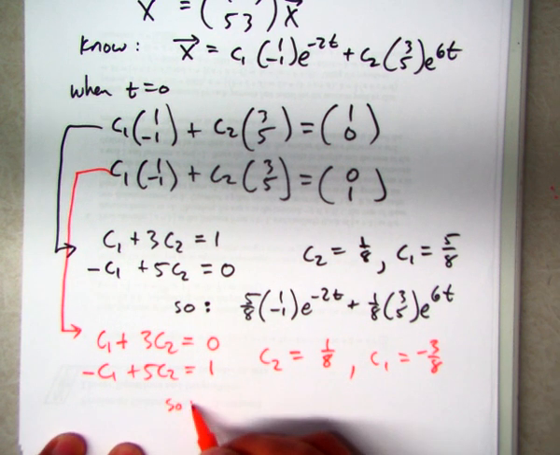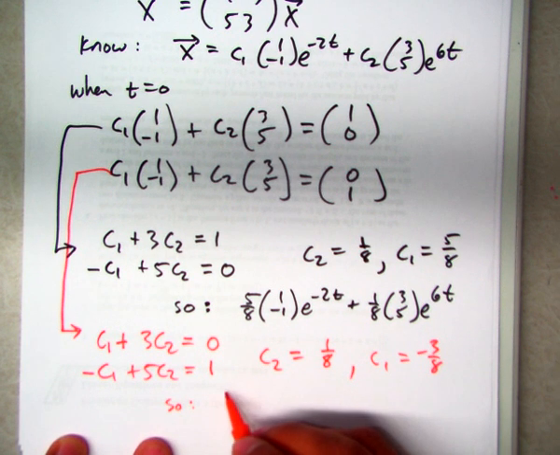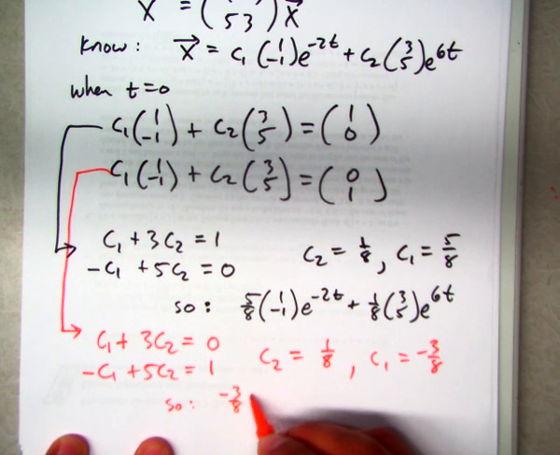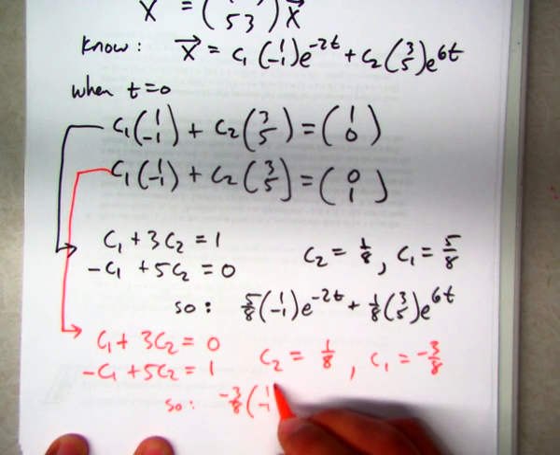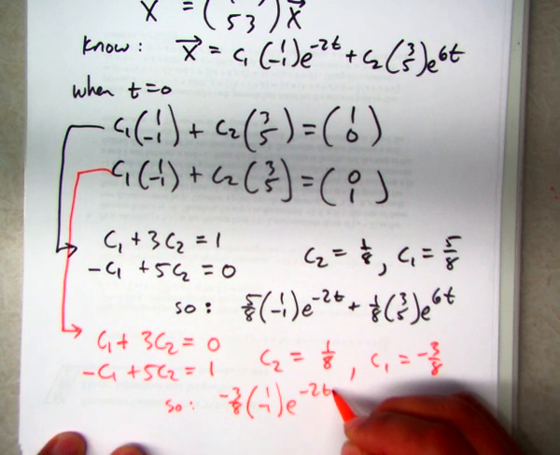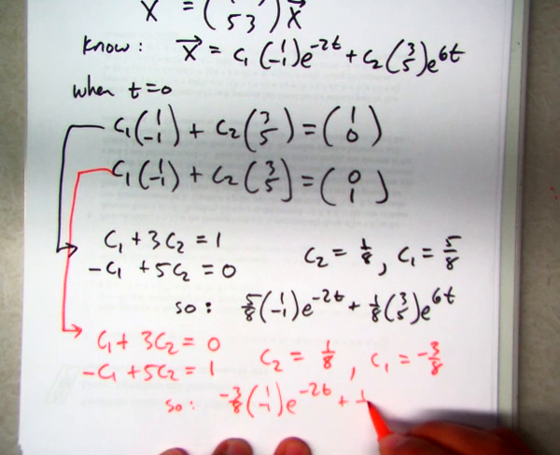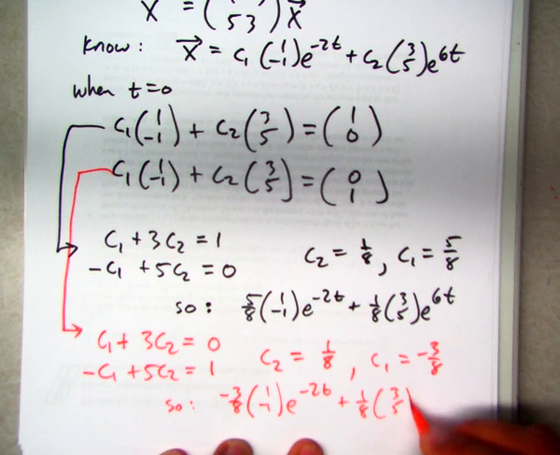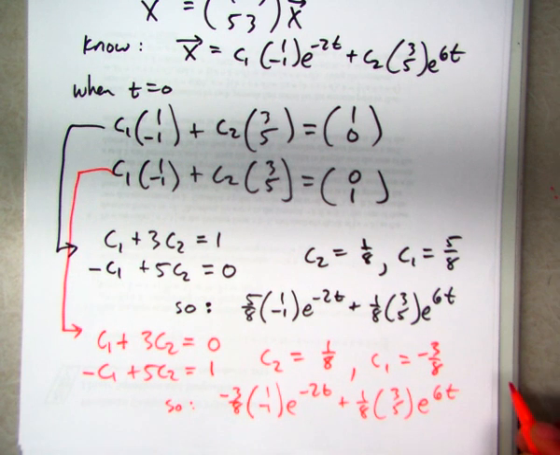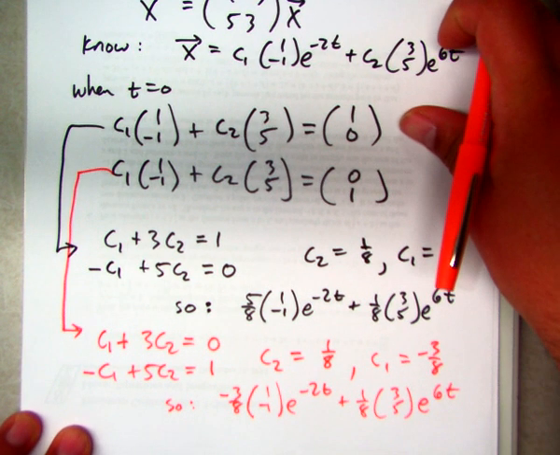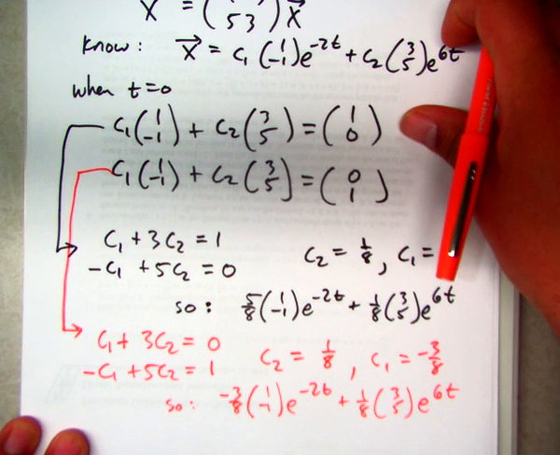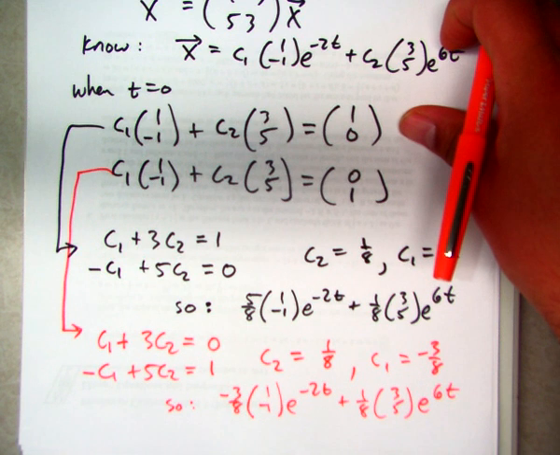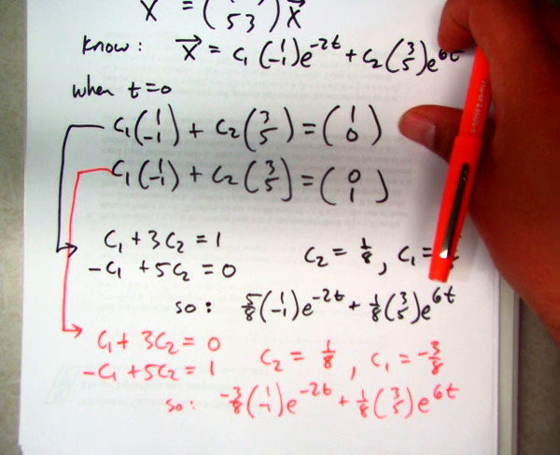So then our second set, we get -3/8 times 1, -1, e to the minus 2t, plus 1/8 times 3, 5, e to the 6t. Okay?